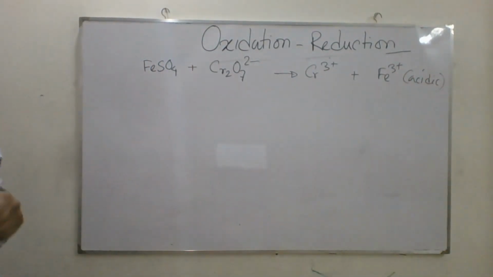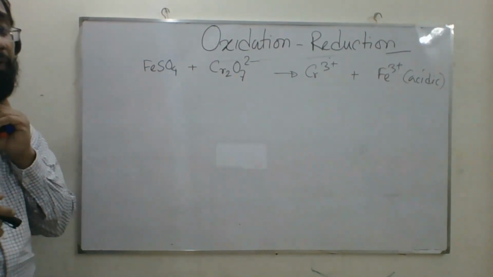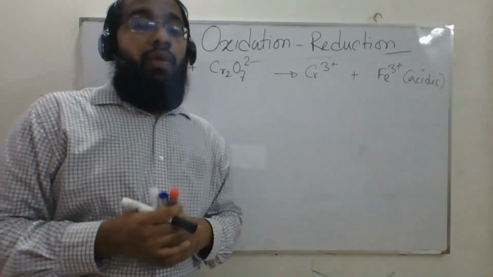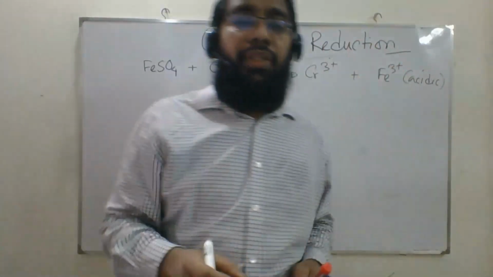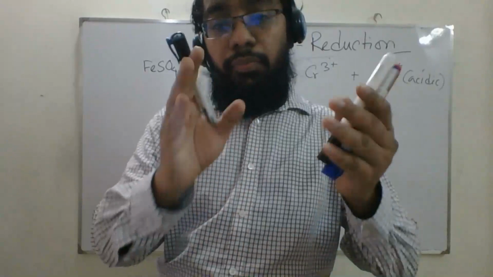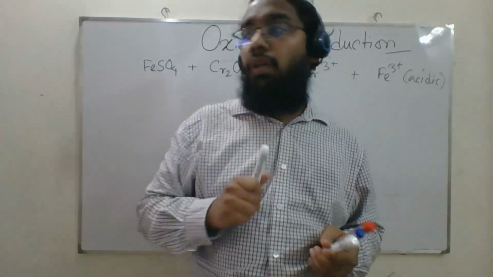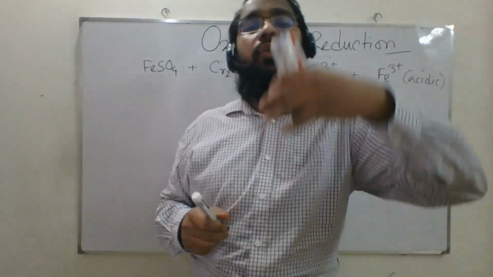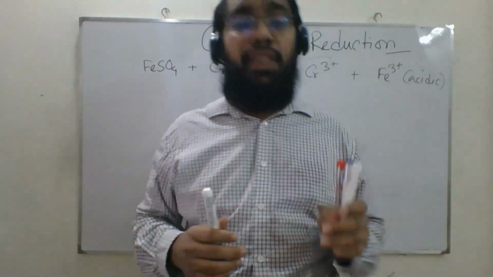Now you need to find the balanced equation for this reaction. Whenever you see this type of equation, first of all our concern should be which one is the oxidizing agent and which one is the reducing agent.